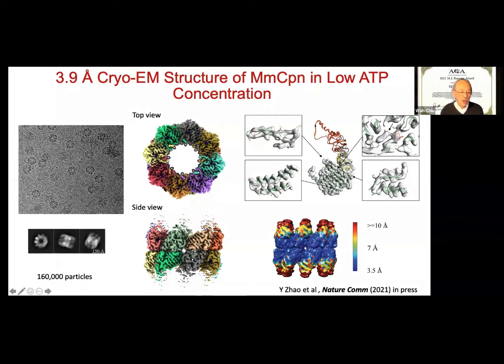In addition, a larger density at the apical regions of this map is actually missing. When we estimate the resolution distribution in this map, the apical regions are around 10 angstroms, whereas the equatorial domain regions can be as good as 3.5 angstroms. And in some of them you can actually trace out the ATP density as well.